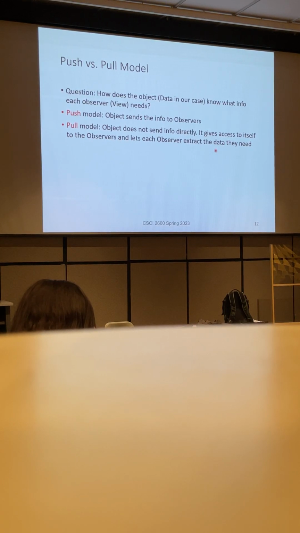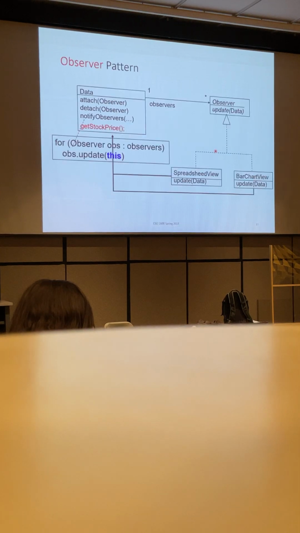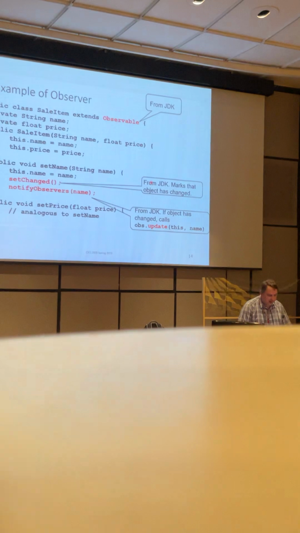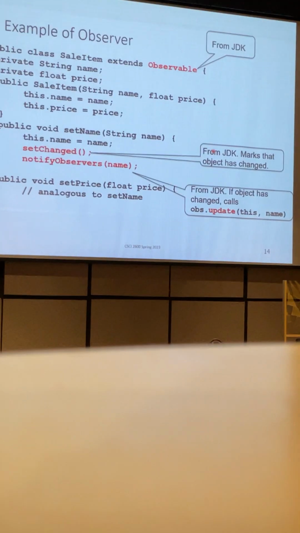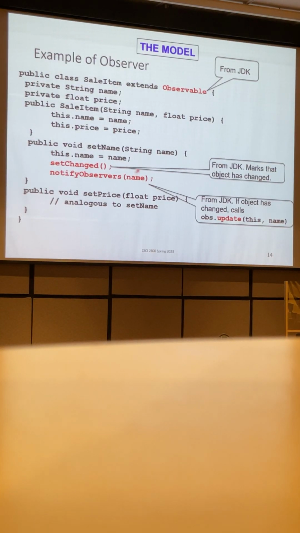Pulling data directly from the model, so the model wouldn't even know that something was pulled from there, right? So here, that's a push model. Why? Because we see that observers are notified here.